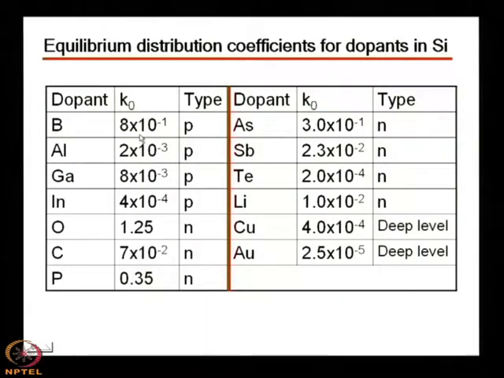So, that means if K0 is less than 1, Cs must be less than Cl, because K0 is nothing but the ratio of Cs to Cl. And there are 2 other dopants, copper and gold. You can dope silicon with copper and gold, but they will give rise to deep levels. What is a deep level? Can you say what is a deep level?